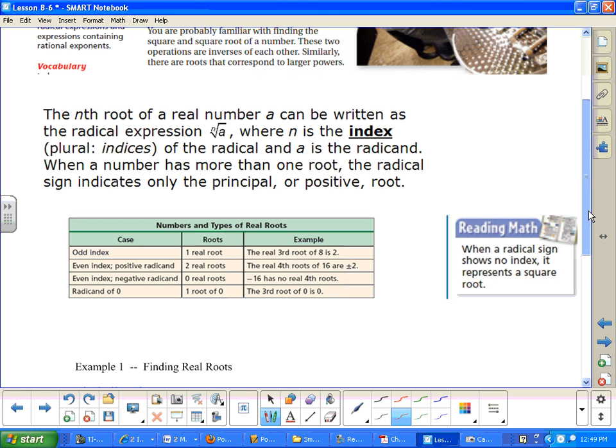When a number has more than one root, the radical sign indicates only the principal or positive root. So that's not the same as solving an equation. If we solve an equation like x squared equals something, then we get plus or minus. But if it's just the radical, then you just have that number.